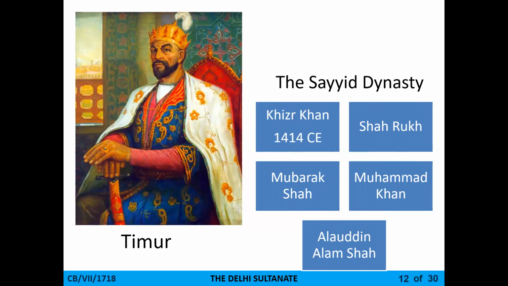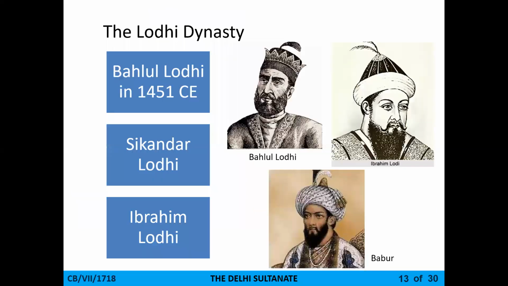And now the last dynasty, that is the Lodi dynasty. The Lodi dynasty was an Afghan dynasty. As we discussed, Bahlul Lodi was its founder. He was succeeded by Sikandar Lodi, who was the ablest of the three rulers of the Lodi dynasty.